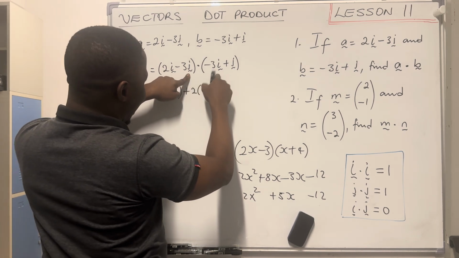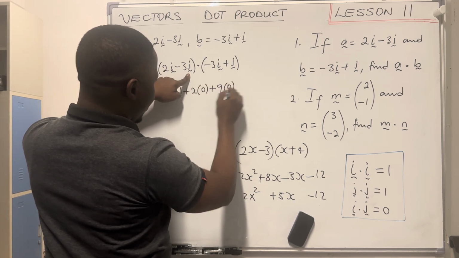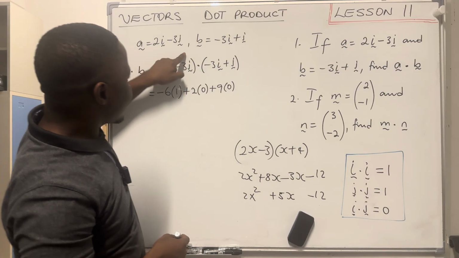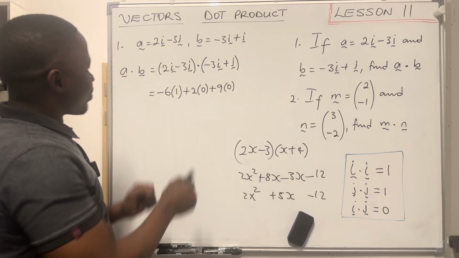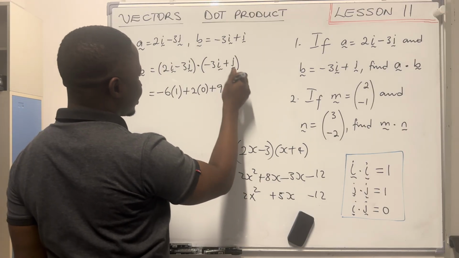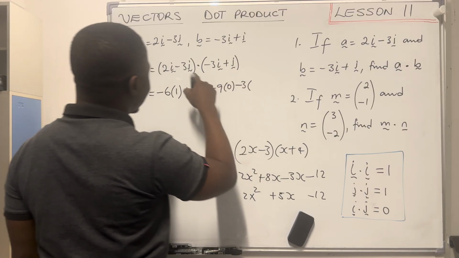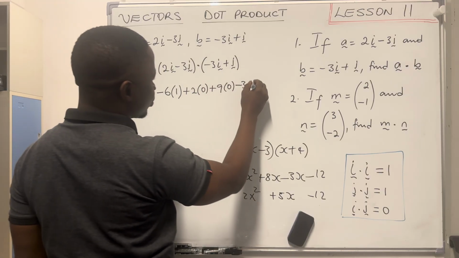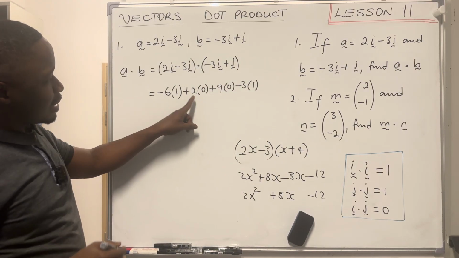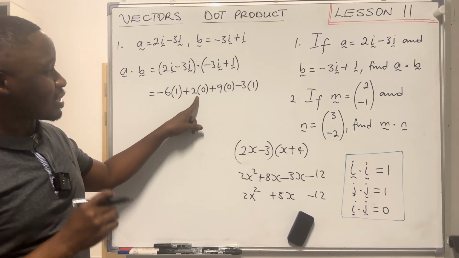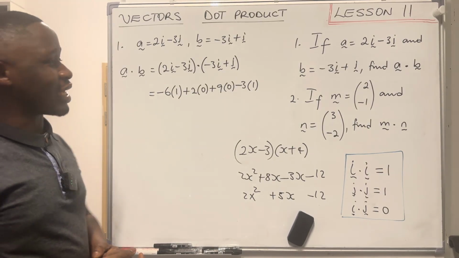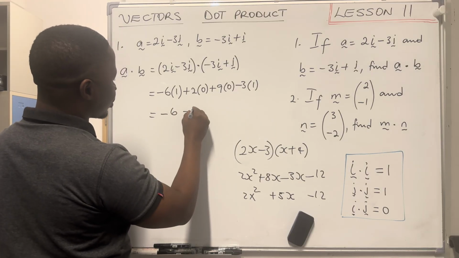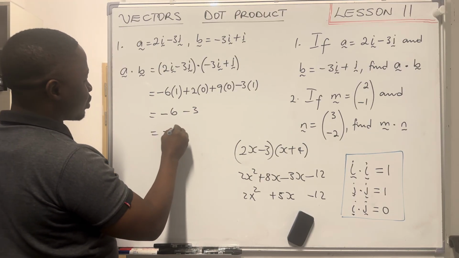J dot I is what? Is 0. Do not forget. Minus 3J dot 1J. Minus 3 times 1 is minus 3. J dot J, not I, I'm sorry. J dot J is 1. So we find out that this term is 0. It vanishes. It disappears. So we are left with minus 6 minus 3, which is minus 9.